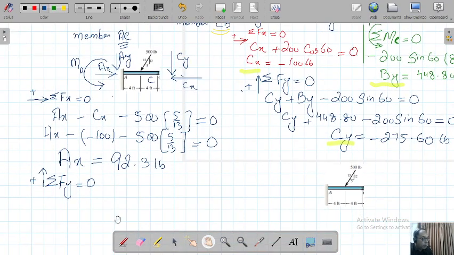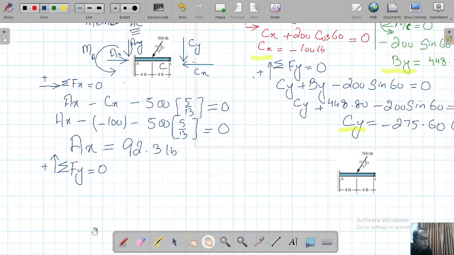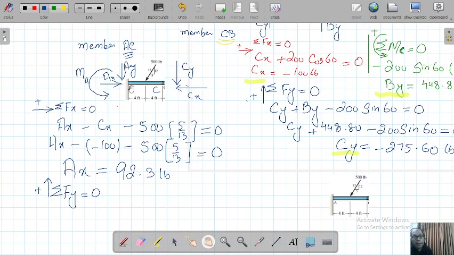Okay, so now what is going to be sigma Fy? So what are the forces in y? Ay is going to be a force. This is our assumed direction of Ay, Ax.